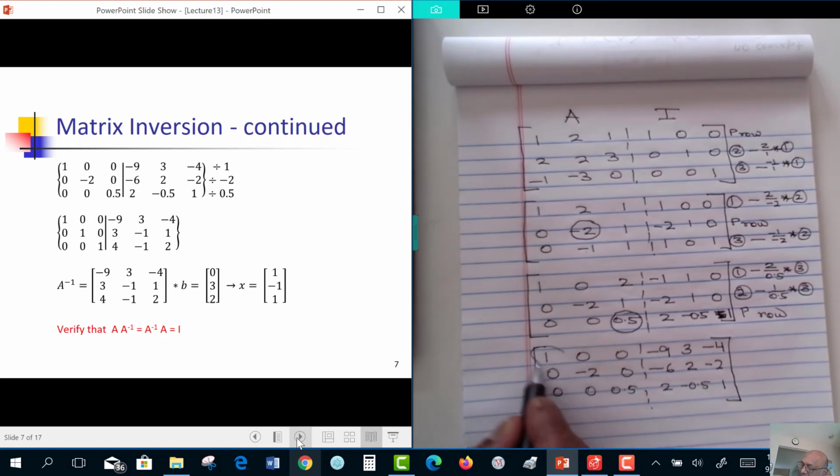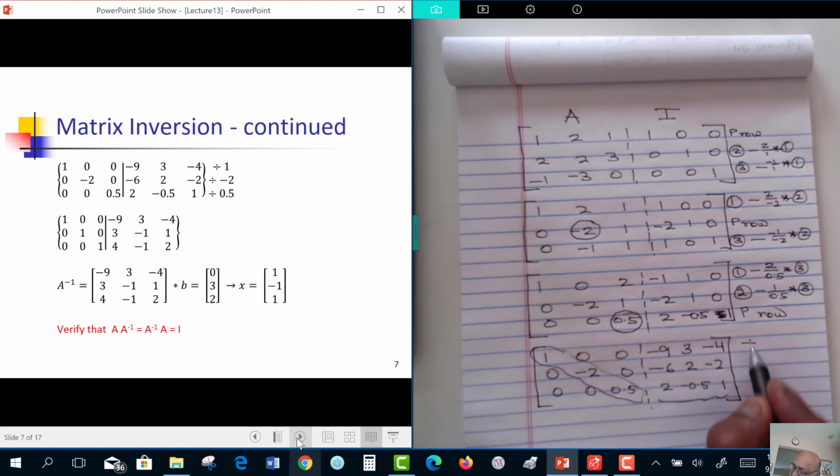So you can see we got a diagonal matrix here. So we are going to normalize this side. We are going to divide this by 1, divide this by negative 2, divide this by 0.5, and this is where we are going to get A inverse.